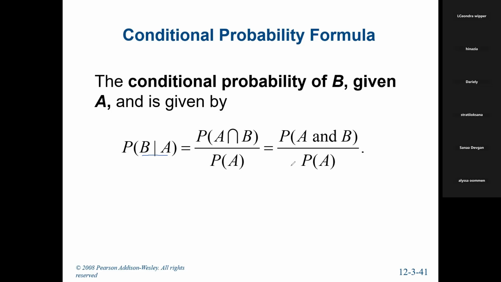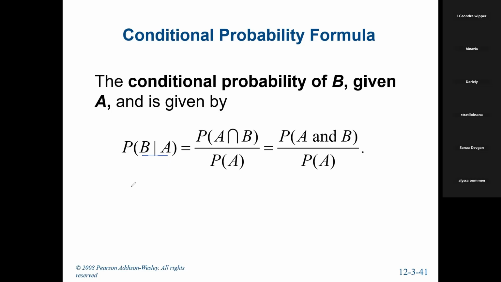It's a formula. So here you need to find, if the two events are not mutually exclusive, the intersection of the two events. All right, so P of A and B.